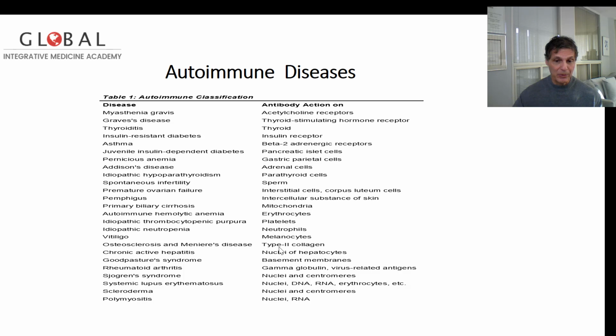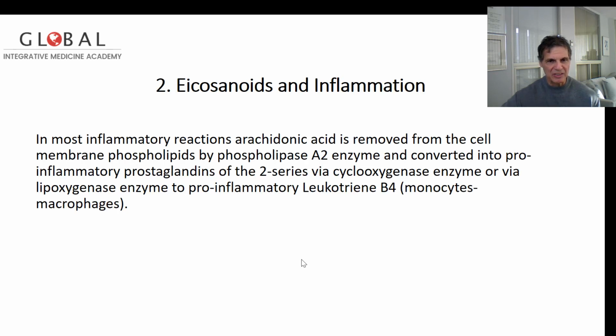And in vitiligo, the melanocytes are being attacked. And then in many autoimmune diseases, you see attacking of certain aspects of the DNA or the RNA. So there are these anti-nuclear antibodies sometimes that they find that are sort of pathognomonic of certain types of autoimmune diseases when they're looking at blood tests. So we'll come back to some of that.